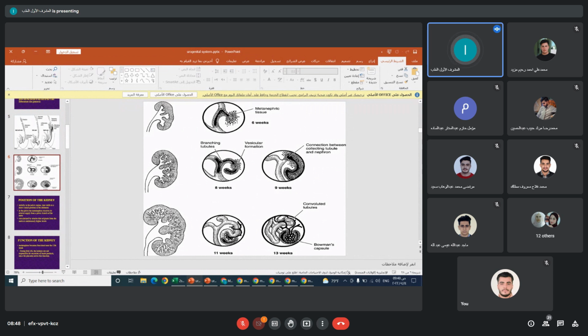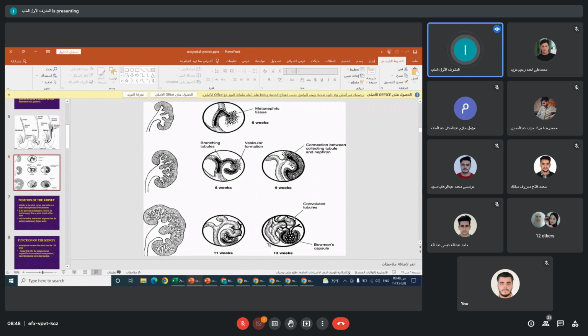The metanephric tissue will surround each duct and then form another tubule, which starts to elongate and gets a capillary at one end to form the glomerulus and the Bowman capsule. You can see here, this is the tubule, and then you can reach up here.